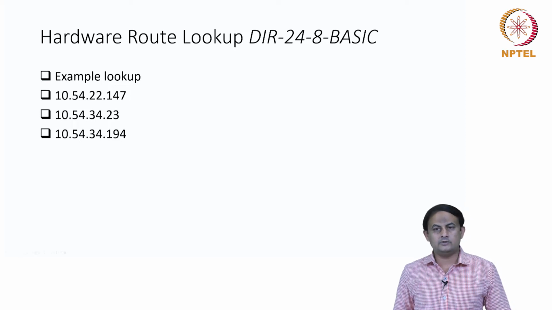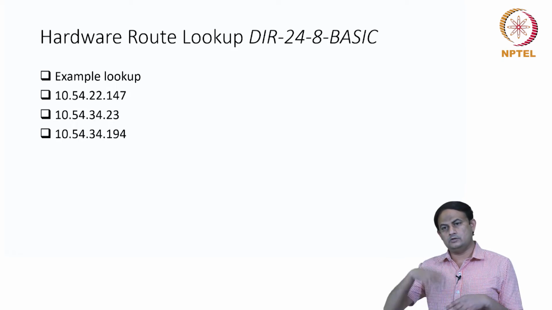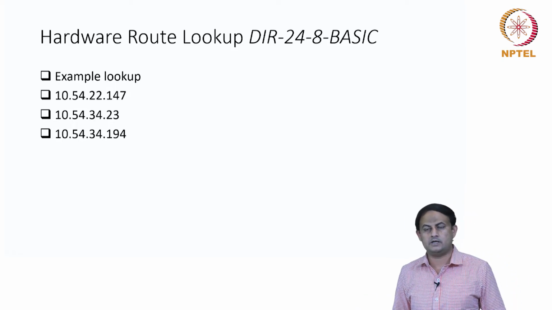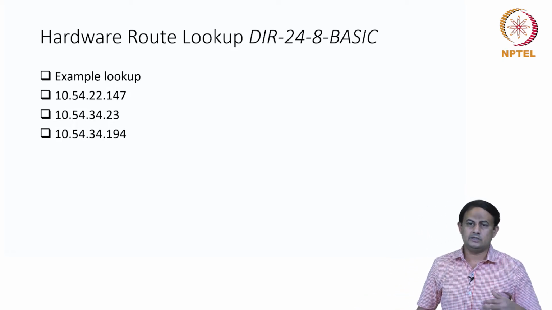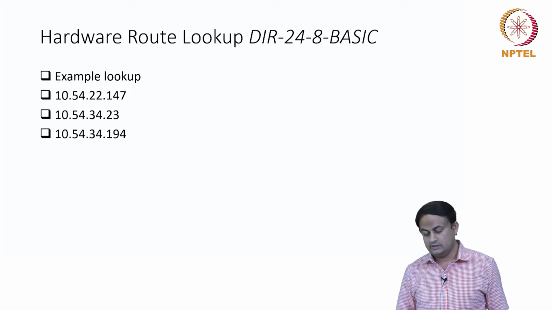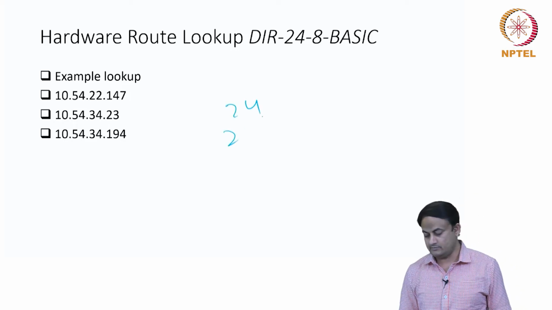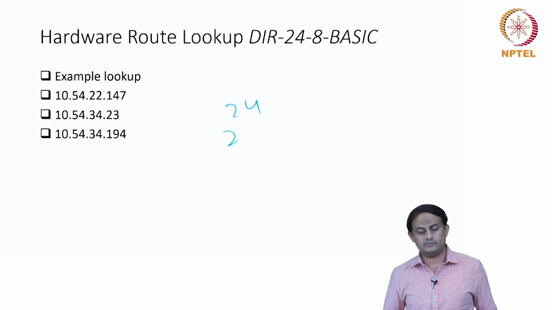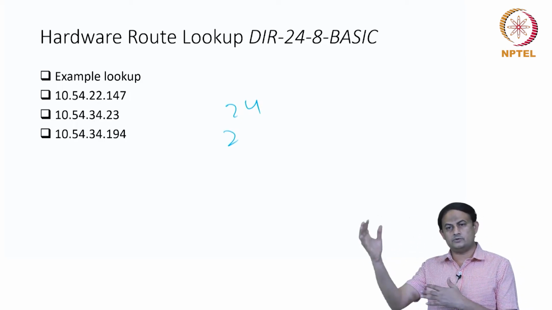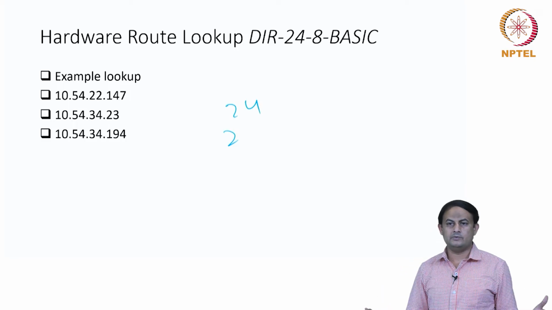So although this lookup is able to do the quick search operation by having a two-level memory structure, the sheer number of entries, 2 to the power 24 entries in the first table itself, is quite large in number. By virtue of that, sometimes this table itself will become bulky.